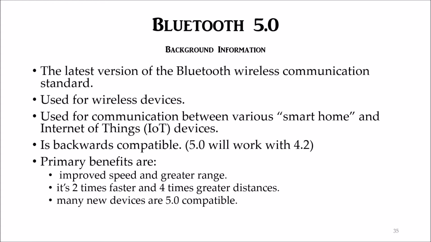And so the greater distances and the faster times are available. If, in fact, you have Bluetooth 5 capabilities, then you're going to see a change. And in the previous presentation about devices in your house to make a smart home, most of them are coming out with Bluetooth 5 capabilities. They still operate at the same frequency. It's just the range and the speed for transferring data that has improved.